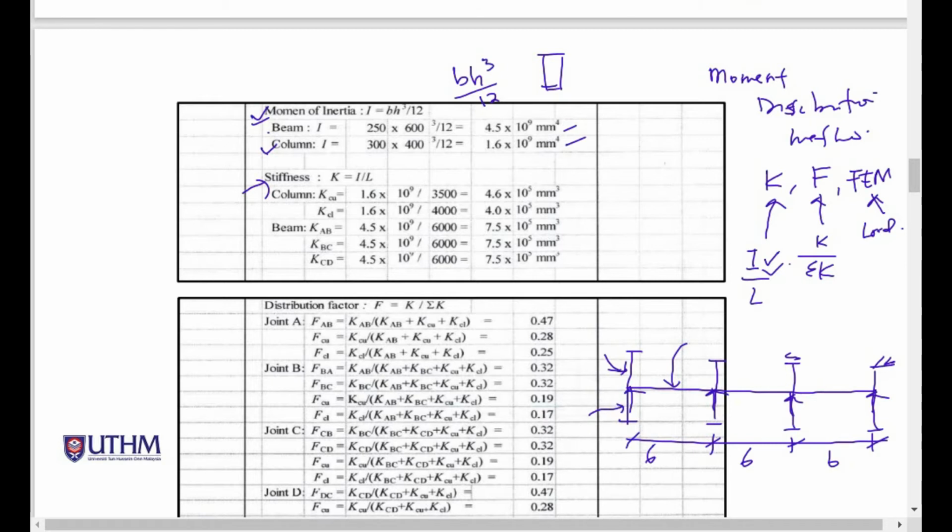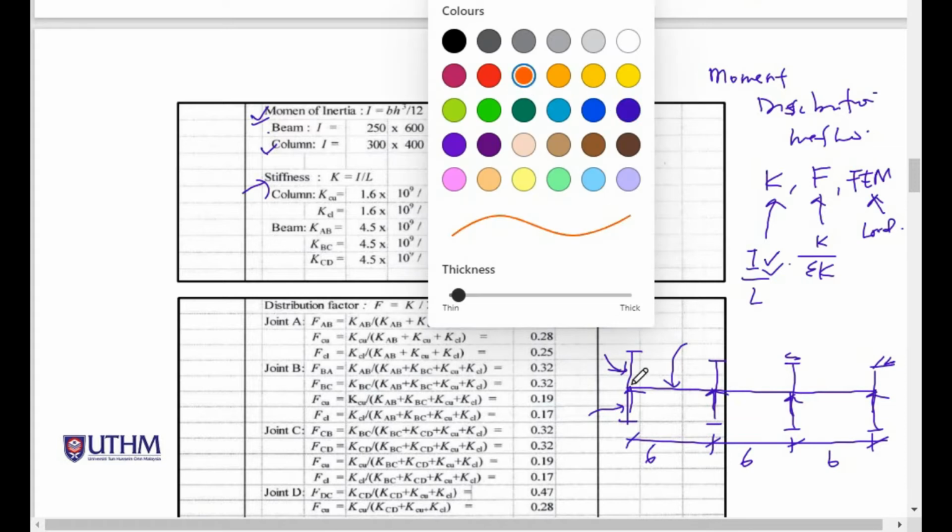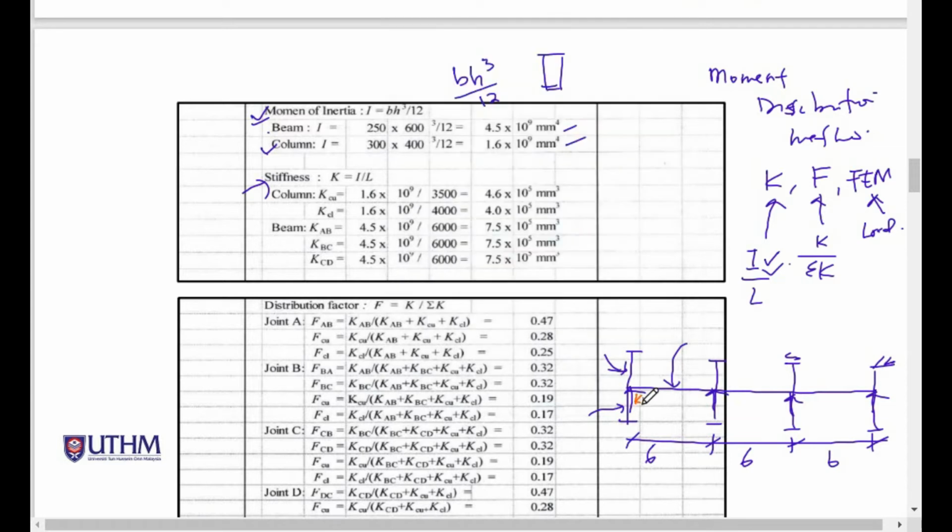The symbols are KAB, because here is joint A, joint B, joint C, and joint D: stiffness AB, stiffness BA, stiffness BC, stiffness CB, then stiffness CD, and stiffness DC.